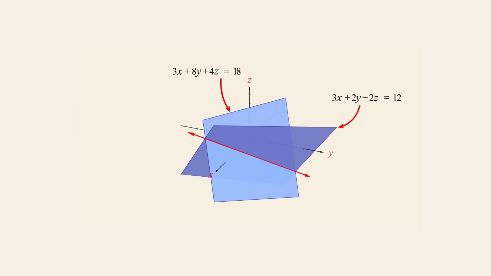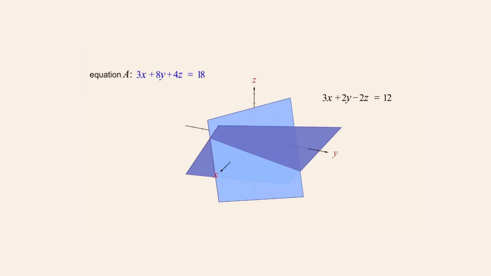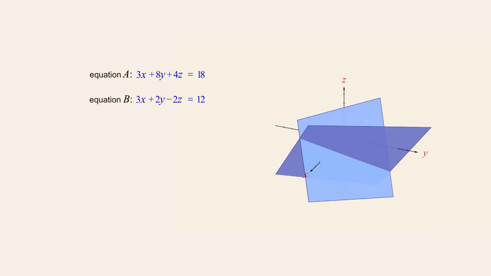Let's call these 2 equations Equation A and Equation B. And let's call the expressions on either side of these equations expressions A1 and A2 and B1 and B2. Now let's add equations A and B to produce a new equation.